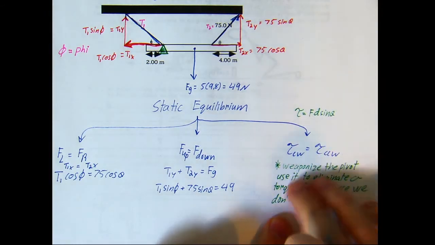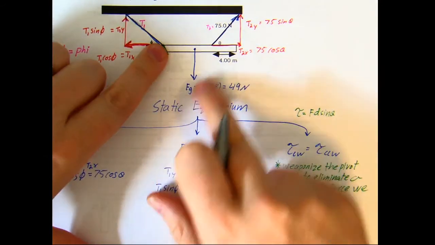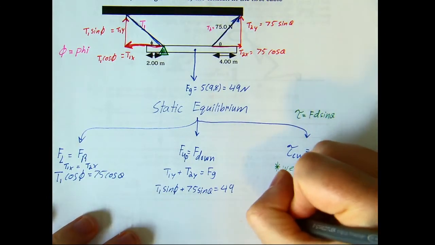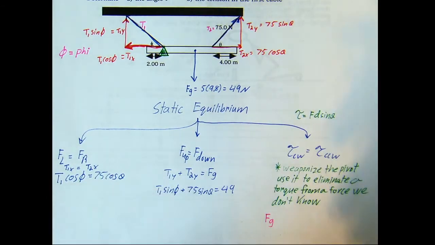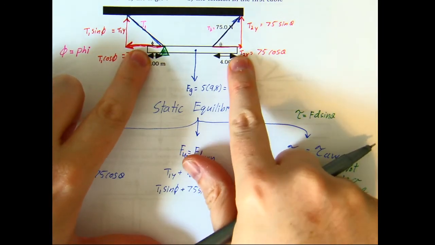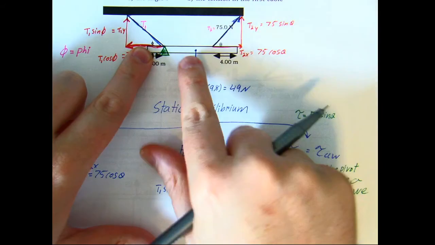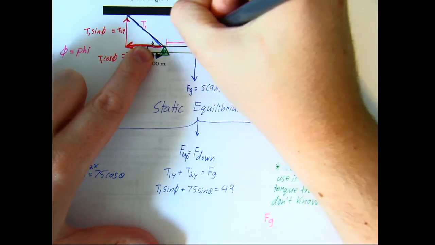So my clockwise torque is going to be what? If that's where my pivot is, this force is going to make it swing clockwise. So I'm going to get Fg times, well, we know this is 12 meters long, and this is 2 meters. This would have been 6, so this distance here is 4 meters.